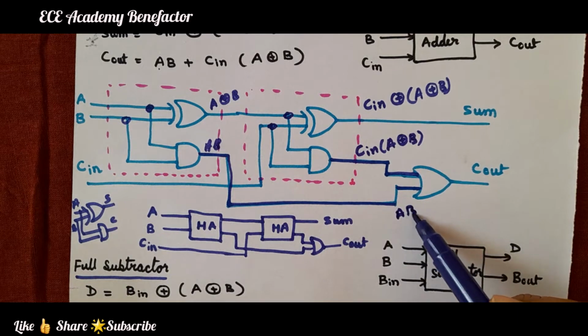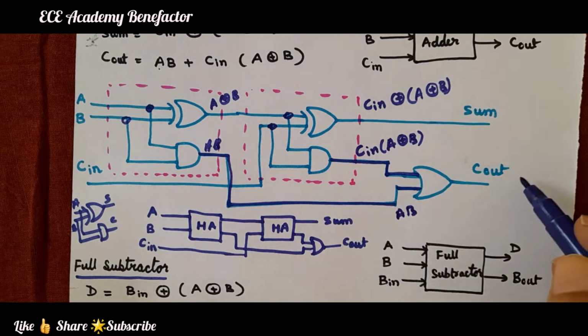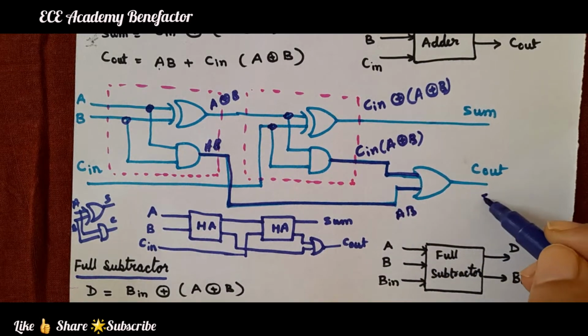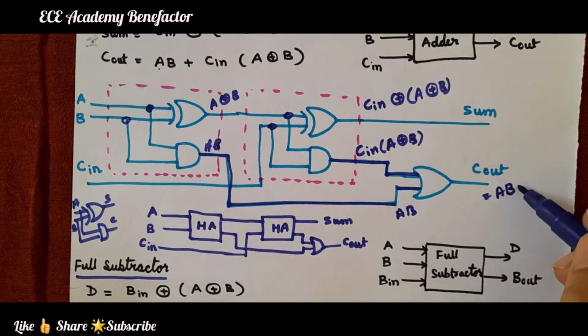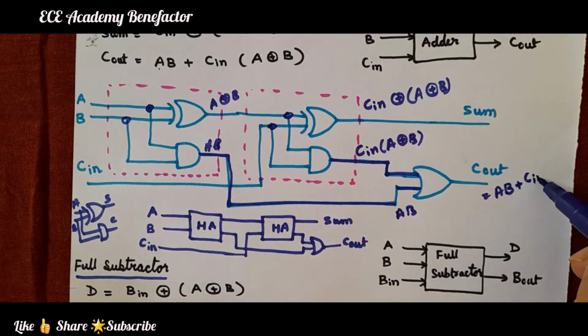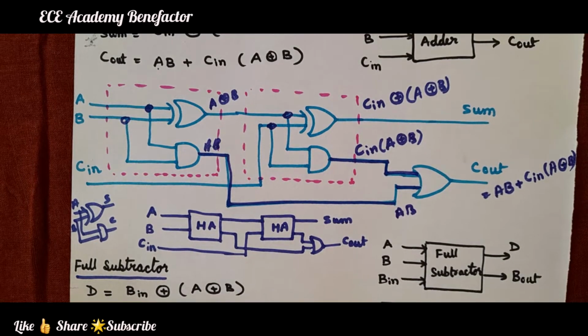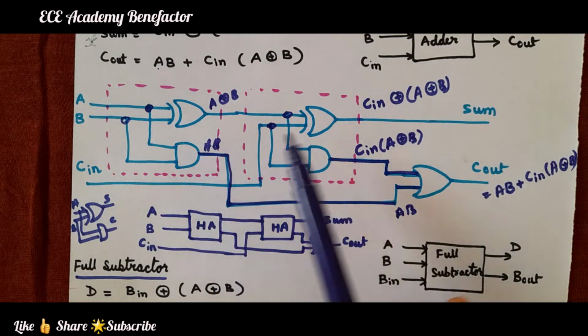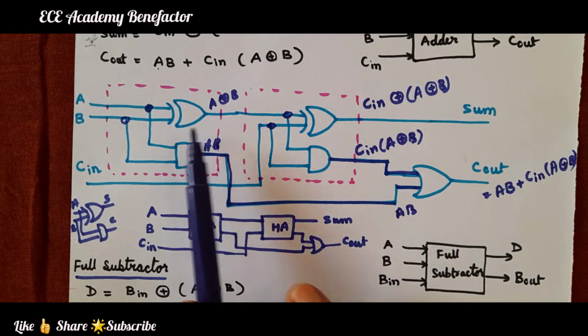So the C out expression equals AB plus C in dot A XOR B. In this way we are able to have two half adders.